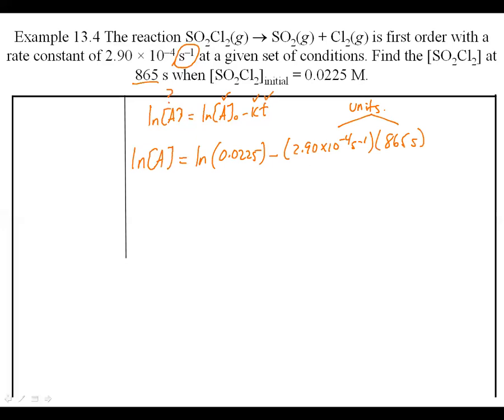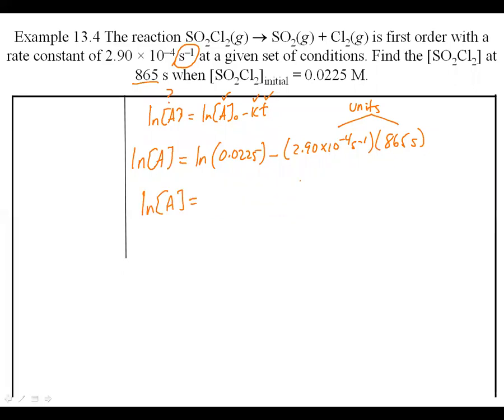So if we clean up the right-hand side there, we will get the natural log of 0.0225 minus 2.9 times 10 to the minus 4 times 865, which gets us the natural log of A equals minus 4.04508.997.